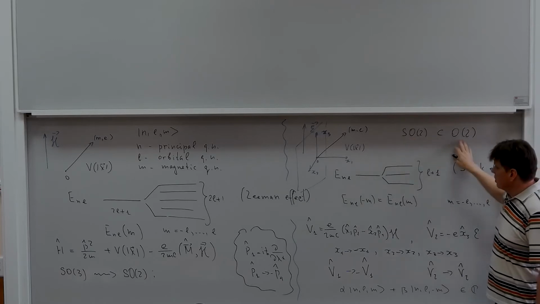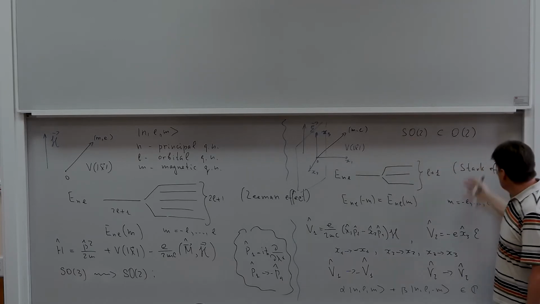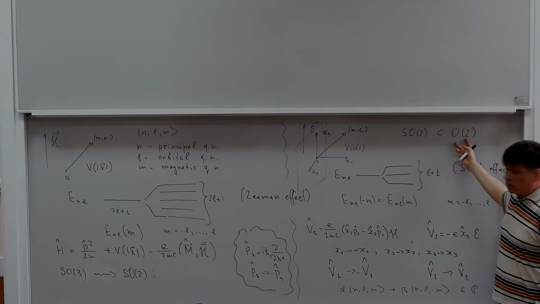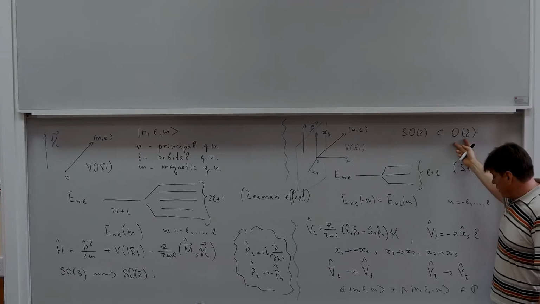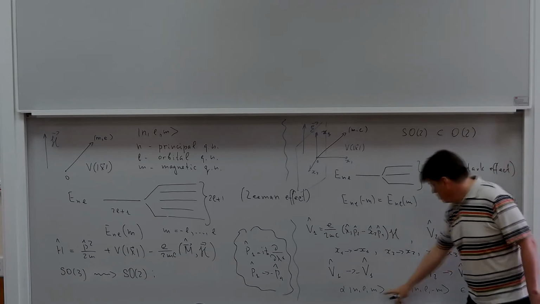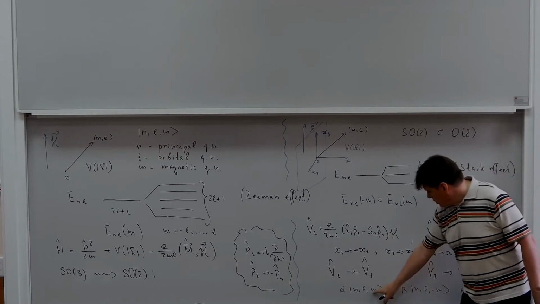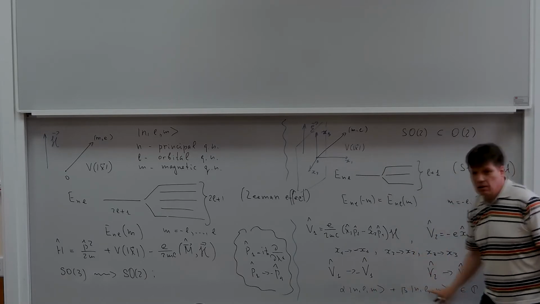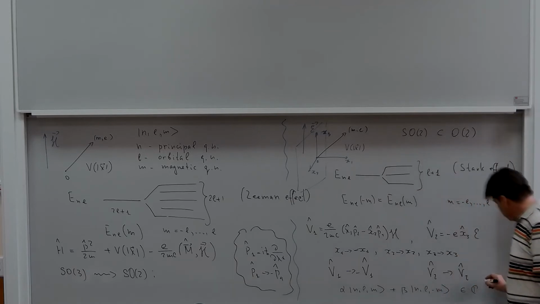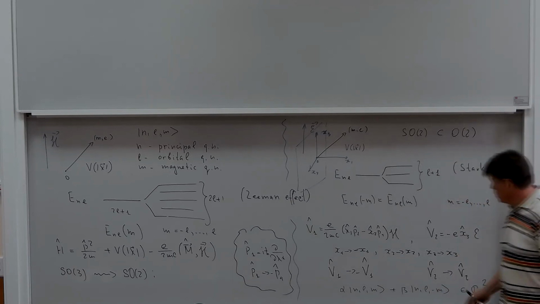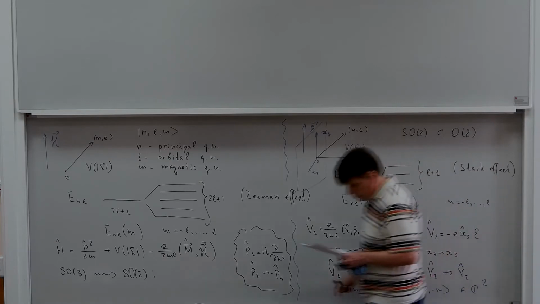It can be extended to the full orthogonal group, which is non-commutative. So we have some two-dimensional irreducible representations that are spanned by the pair of vectors with opposite magnetic numbers. It is the space C2 of an irreducible representation of O2.